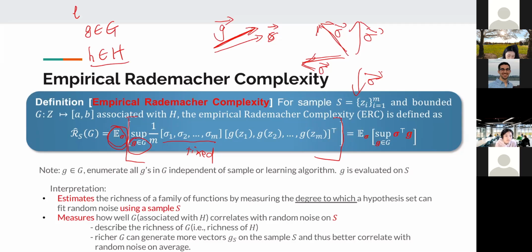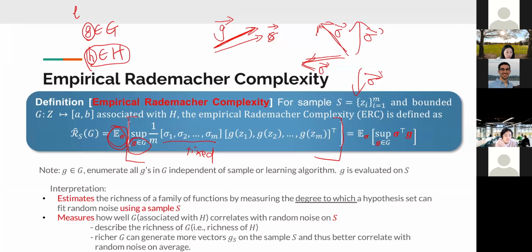Although I'm characterizing the complexity of the capital G, so I'm focusing on G here, essentially the richness is captured by the richness of the hypothesis set. Okay, thank you.